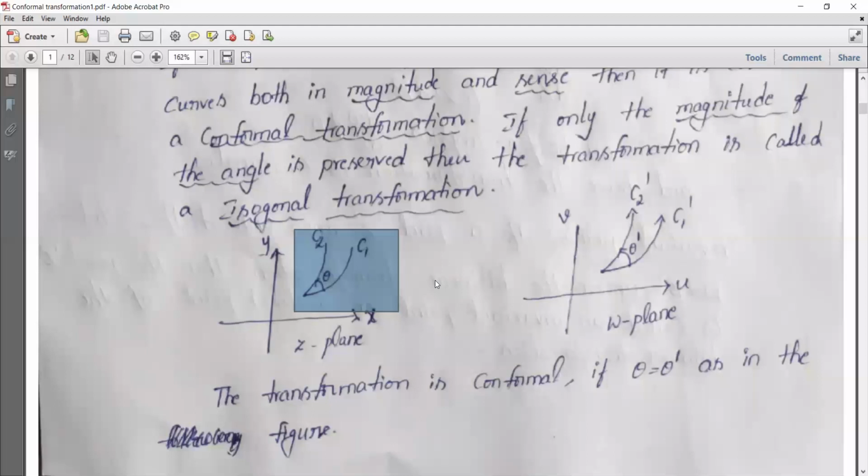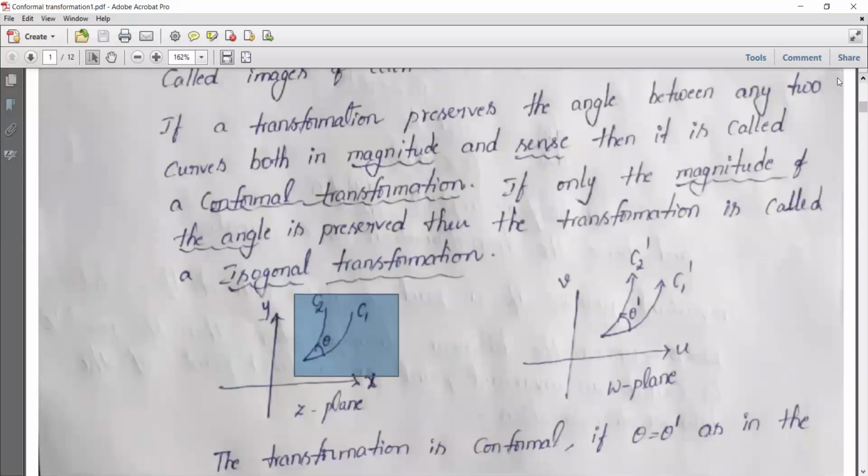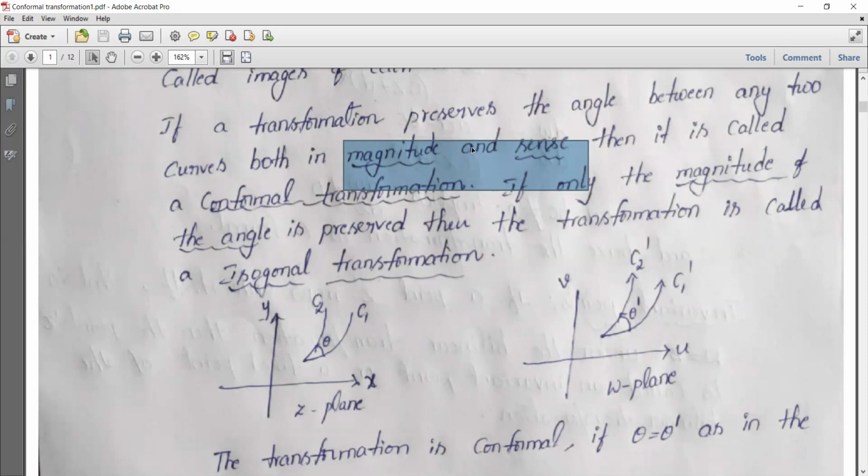To say this transformation is a conformal transformation, we need some conditions. Two conditions must be satisfied. One is that the transformation must preserve magnitude. Magnitude means value, and also sense. Sense means direction. It does not change its direction and it does not change its magnitude value when you transform one figure or curve to another figure or curve. Then only we say that the transformation is called a conformal transformation.